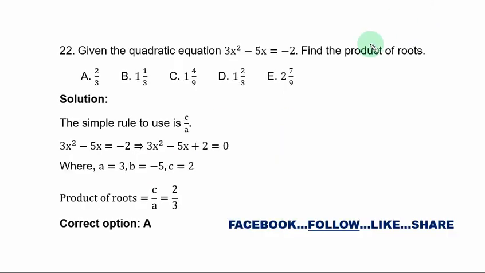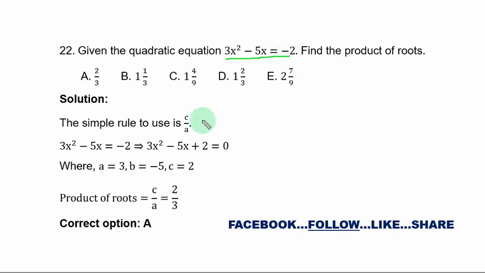Question 22. Given the quadratic equation 3s squared minus 5s equal to minus 2. Find the product of roots. Here, you are supposed to factorize the equation or solve using any other method. Then you multiply the two roots together.